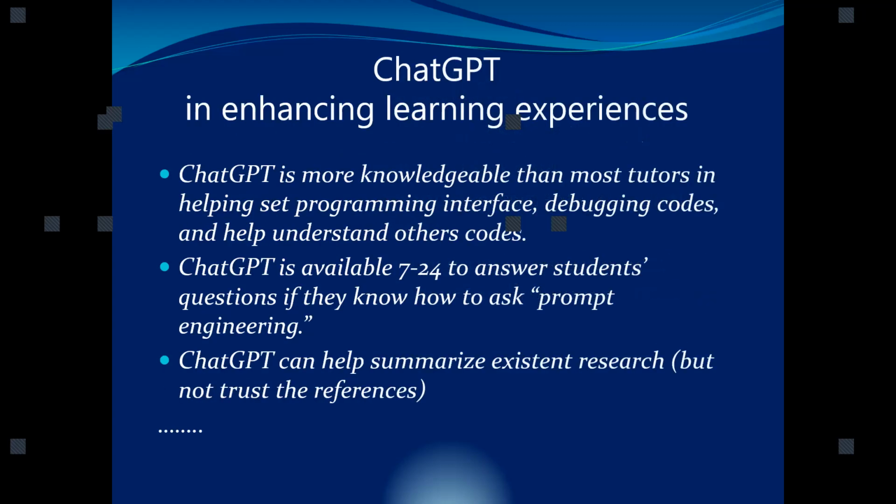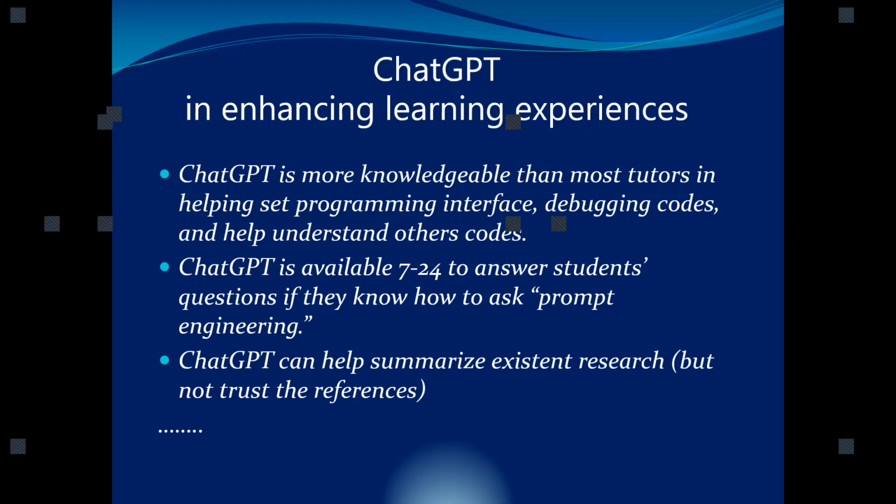So we all probably agree ChatGPT is more knowledgeable than most tutors in helping set up programming interfaces, debugging code, and understanding code. And it's available 24/7 to answer student questions if they know how to prompt engineer.